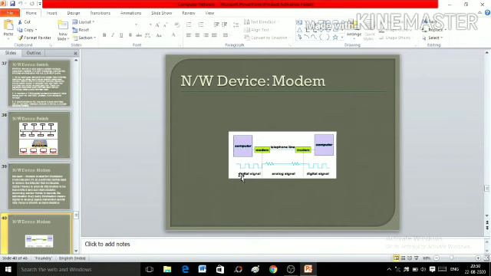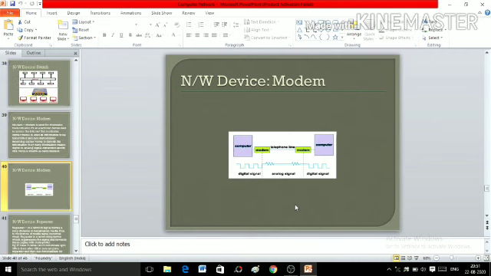So the conversion of digital signals to analog signals is known as the modulation process. After that, the modem again converts analog signals into digital signals, and the process of conversion of analog signals into digital signals is known as demodulation. So a modem does the work of modulation and demodulation both.